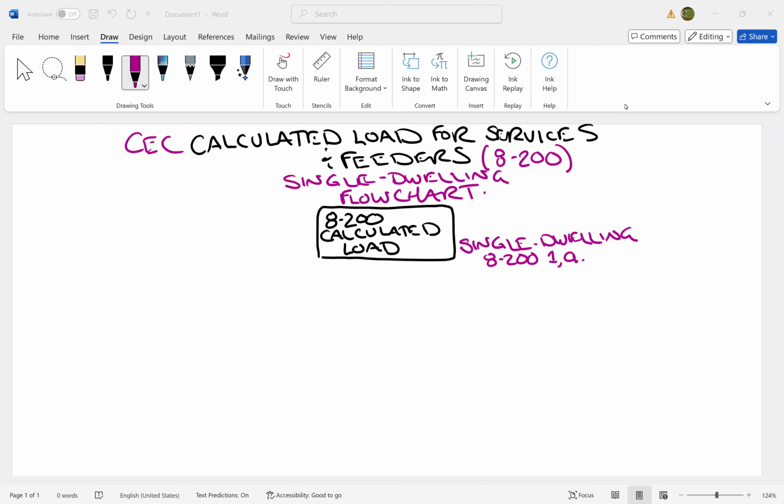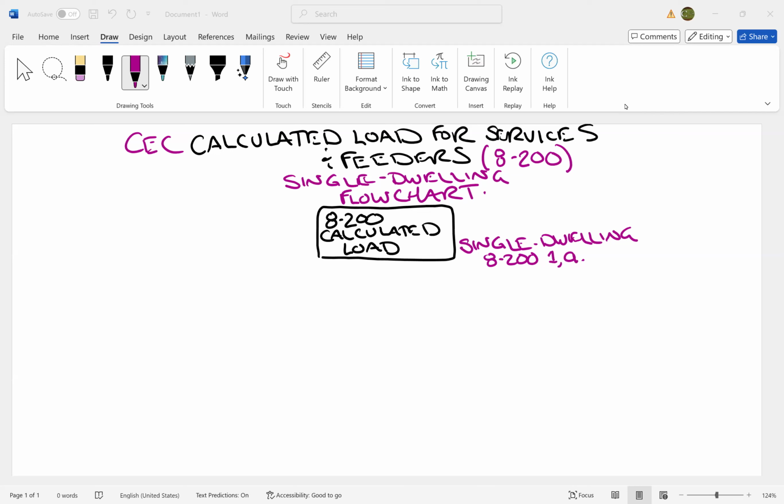This is less than 12 kilowatt range. And if it is greater than 12 kilowatt range, then smaller than 12 kilowatts, you are going to use 6,000 watts for that electric range.